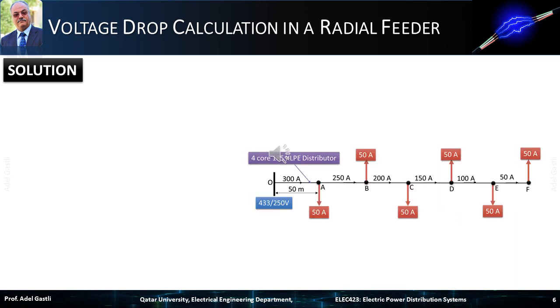Before we calculate the summated voltage drop at point F, at the end of the cable, we first start by analyzing the problem and given data. We know that the cable is of type 4 core, 185 square millimeters, XLPE, so from the cable manufacturer data sheet, we can find the linear resistance and reactance.